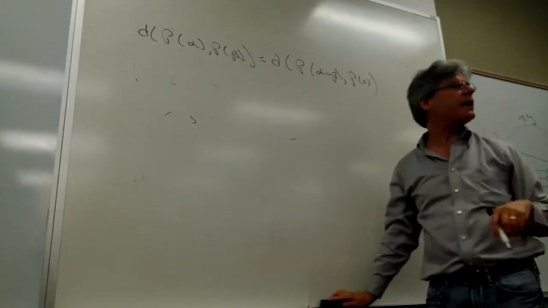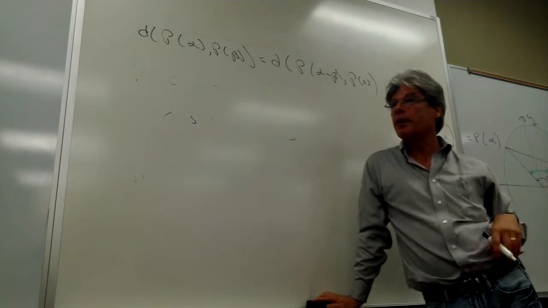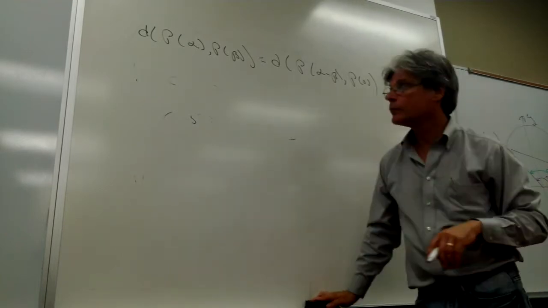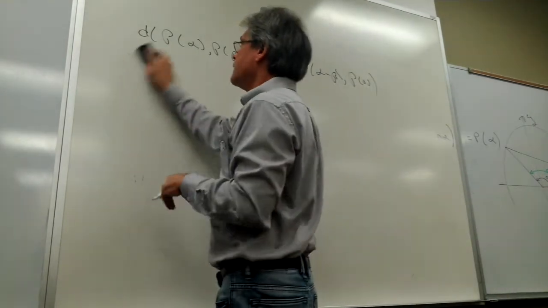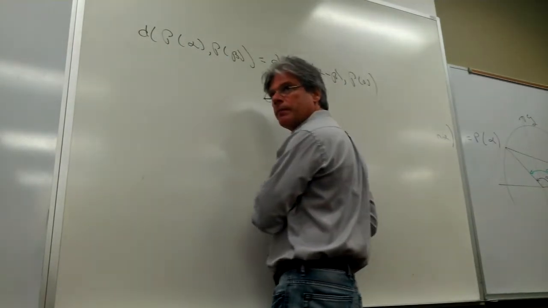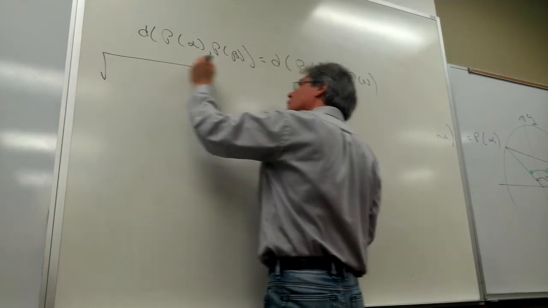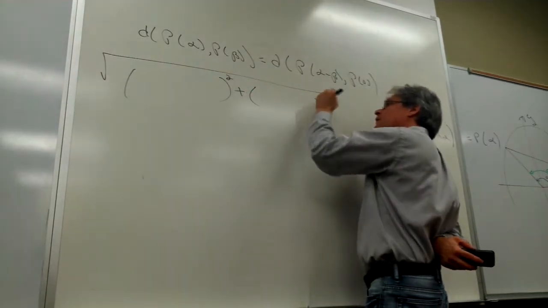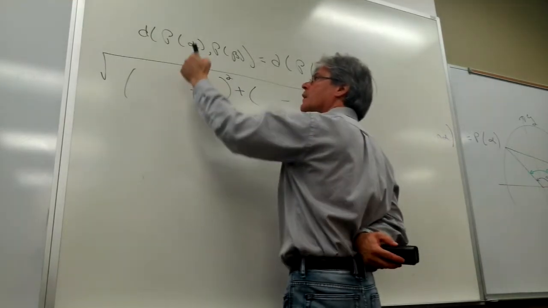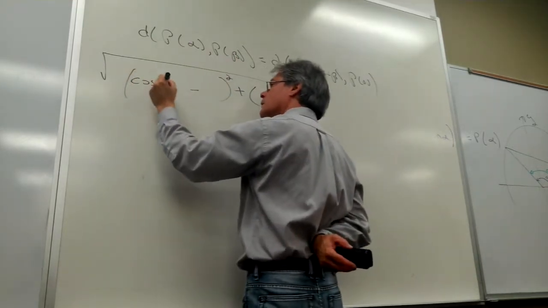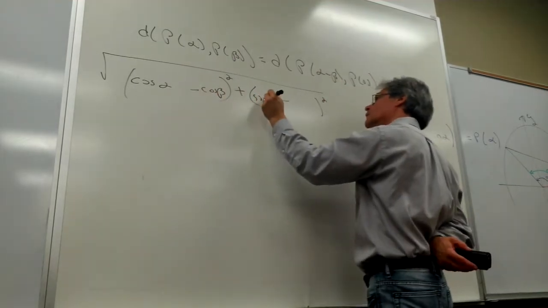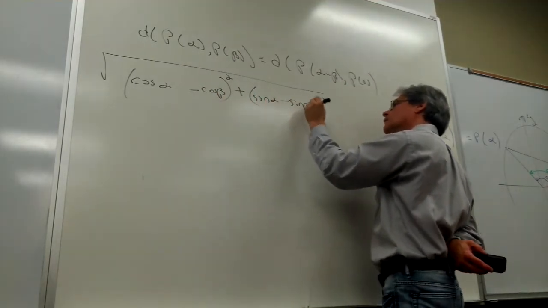Oh, but you and I have in our back pocket a nifty little formula for computing the distance between two points in the Cartesian system. In the Cartesian coordinate plane, computing the distance between two points is as easy as taking the square root of the sum of the squares of the differences in their x-coordinates and their y-coordinates.